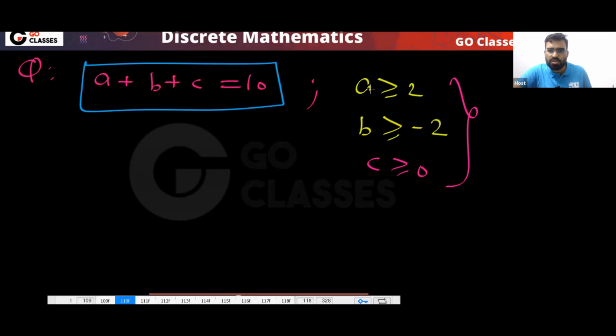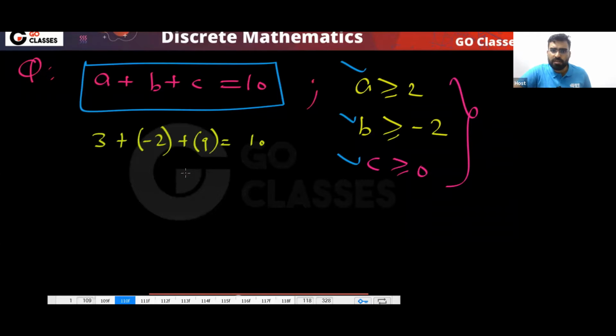This variable should be greater than or equal to 2, this variable greater than or equal to -2, and this variable greater than or equal to 0. So now we can have, for example, -2, and how much for C such that total is 10? That should be 9.